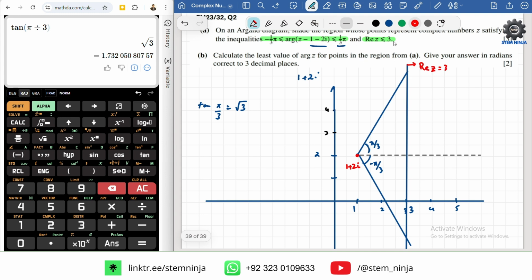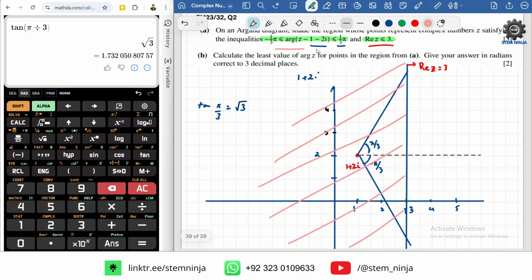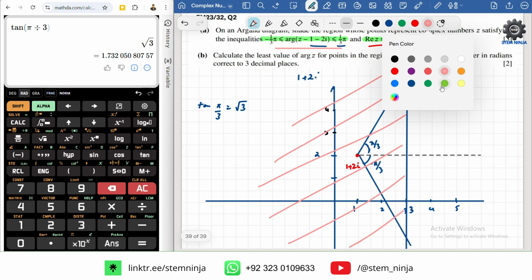Okay. Now, real z less than 3, that means the region that we needed to shade less than equal to 3 was this one. Okay, this one. And in between this V diagram would have been this part.